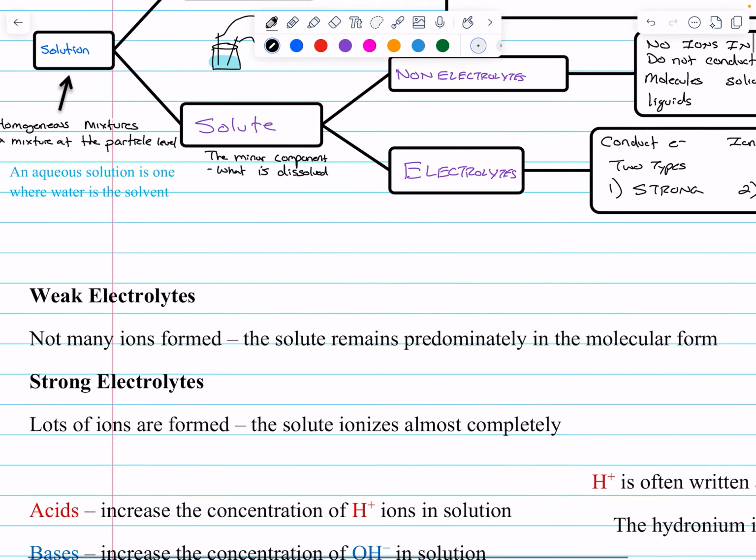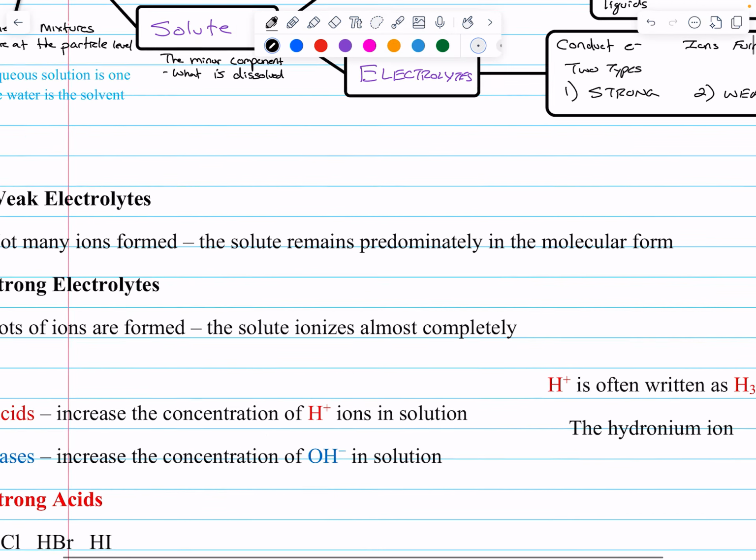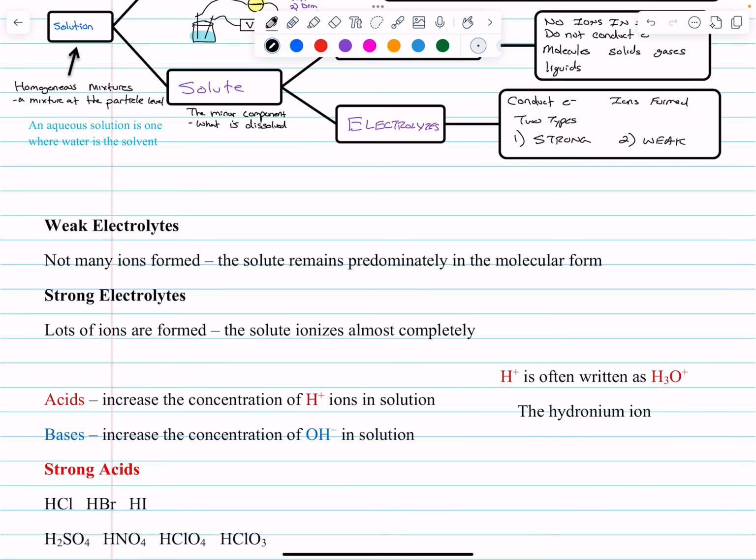If we zoom back out, we have our strong electrolytes, where the light bulb is bright, and our weak electrolytes, where the light bulb is dim. That's the difference between the two of them.